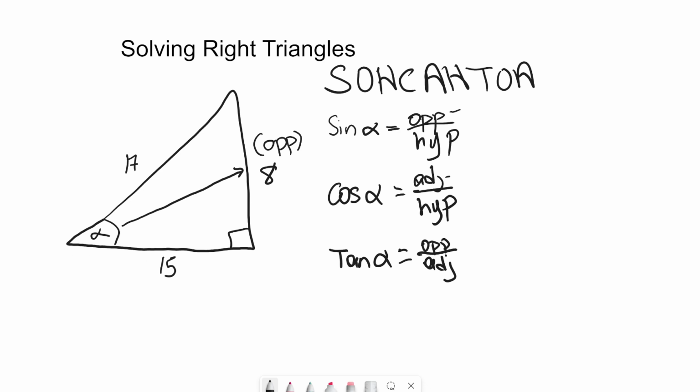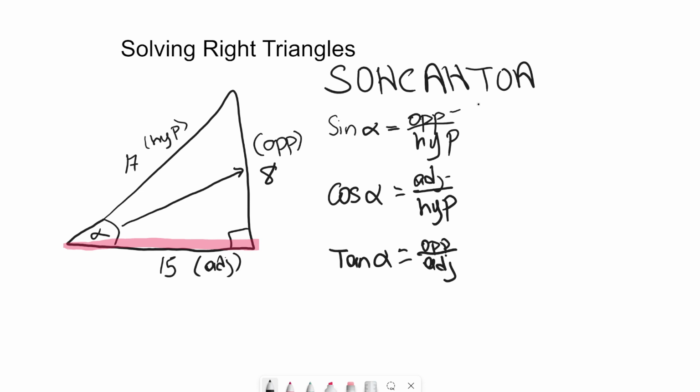The side that is adjacent, or like we like to say, beside alpha, is your adjacent side. And of course, we know that the longest side is our hypotenuse.